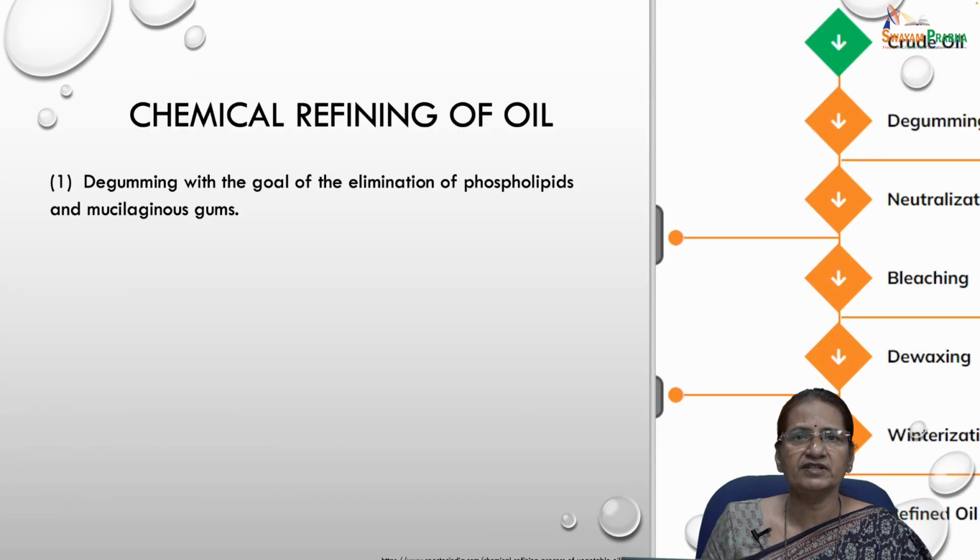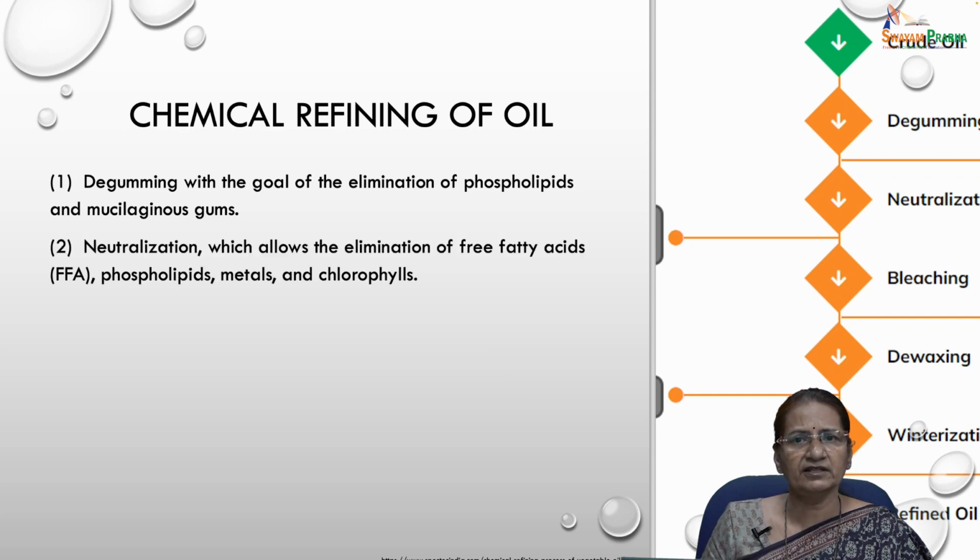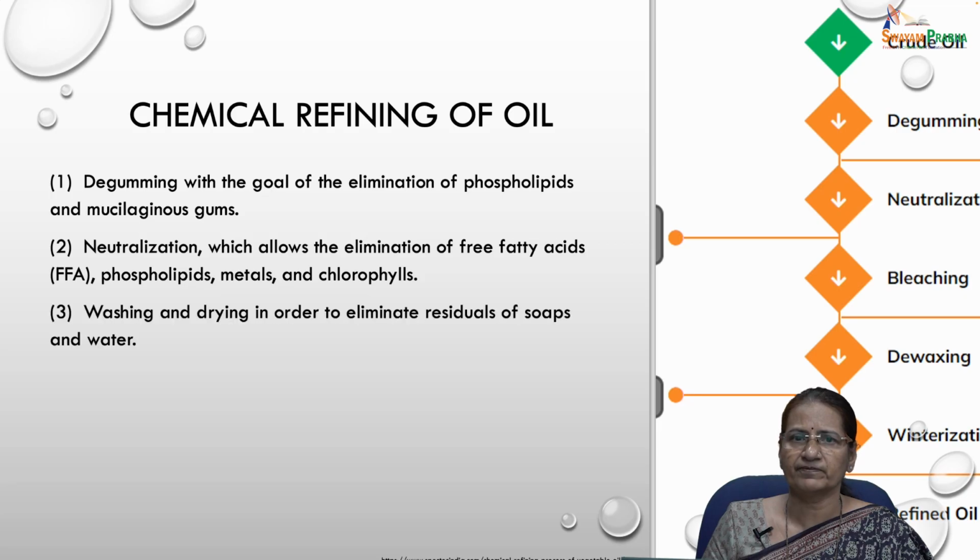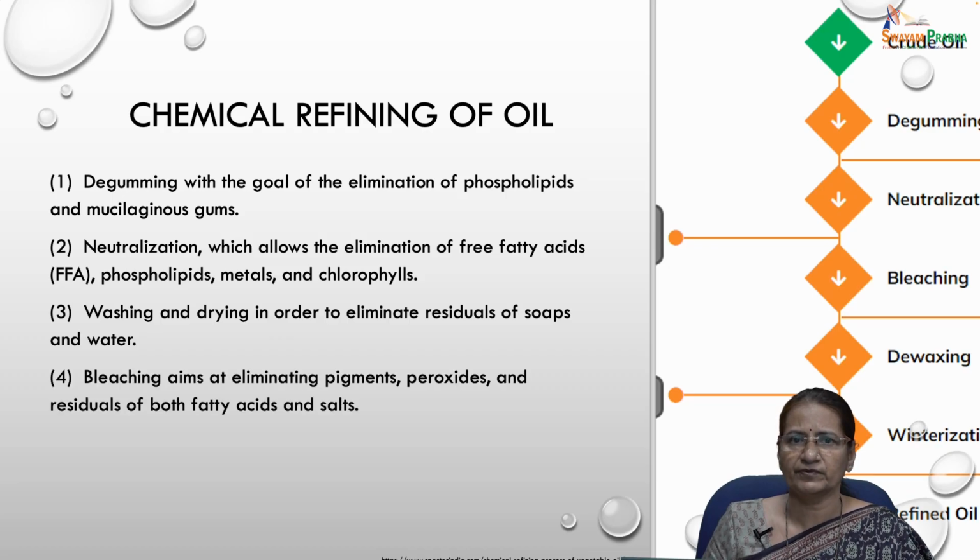They are: first, degumming with the goal of elimination of phospholipids and mucilaginous gums. Second, neutralization, which allows the elimination of free fatty acids, phospholipids, metals and chlorophylls. Third, washing and drying in order to eliminate residuals of soaps and water.